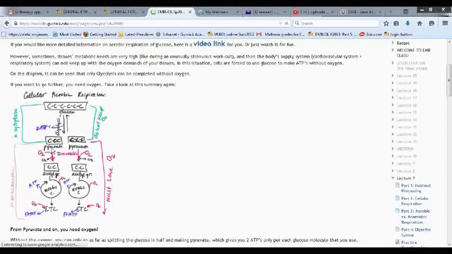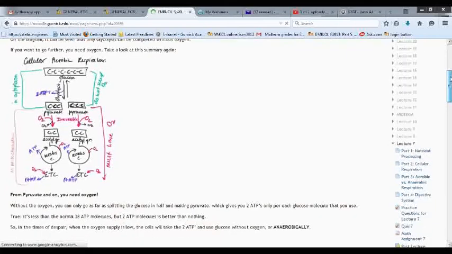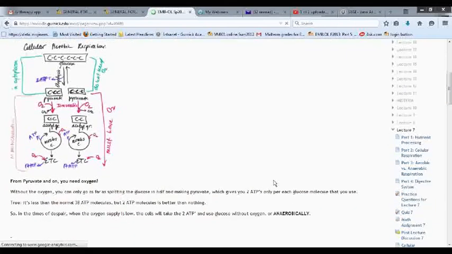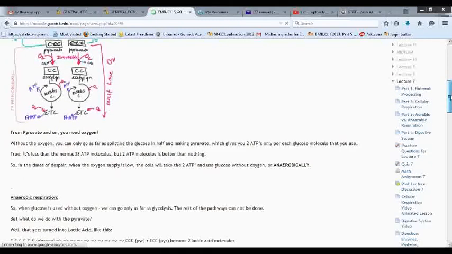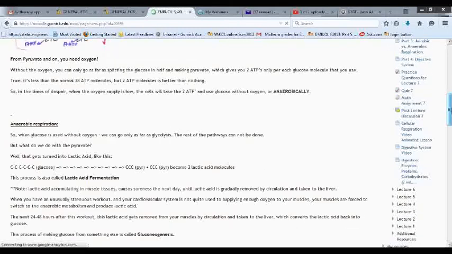The only problem with that is that you cannot leave it as pyruvate molecules, for reasons that we're not going to discuss in this class. But what you need to know is that if you cannot go from pyruvate to the acetyl group through the Krebs cycle and electron transport chain, then you're going to turn pyruvate molecules into lactic acid molecules.